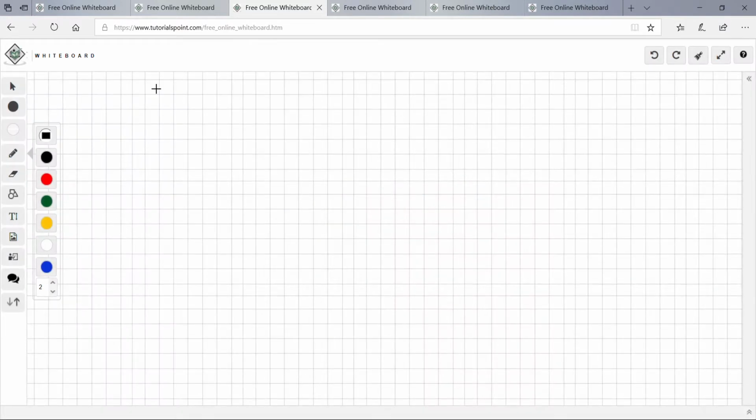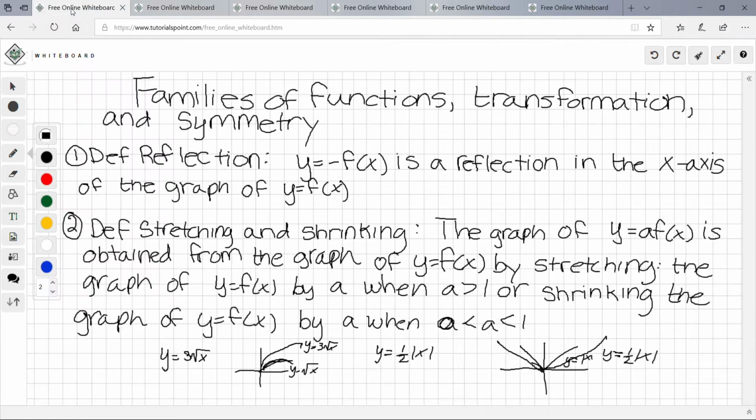What about this one? Y equals x squared and y equals 1/4 x squared. Okay, so we have a parabola, and this one is 1/4, but remember what I said about the rule for that one? If it's a parabola or an absolute value, it's the opposite of the rule for the square root and the linear equation.